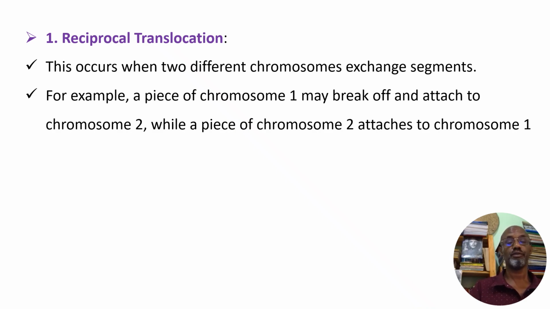Therefore, it could be balanced or unbalanced. We shall come to the balanced and unbalanced types of translocation. We call it unbalanced if one chromosome is getting a smaller portion, so that it may lose genes of that chromosome, and the other gets a larger proportion, a surplus of chromosome and a portion of DNA or genes.